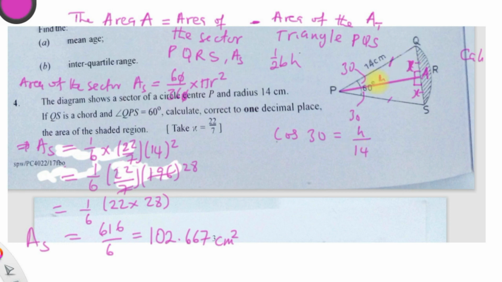This is the radius and the hypotenuse, because that is facing the 90 degrees angle. So this implies that h is equal to 14 cos 30. Cos 30 is root 3 over 2. So we have 14 times root 3 over 2, 2 goes here, we have 7 root 3 centimeters. So this is the height.